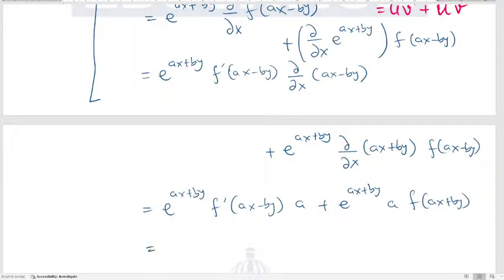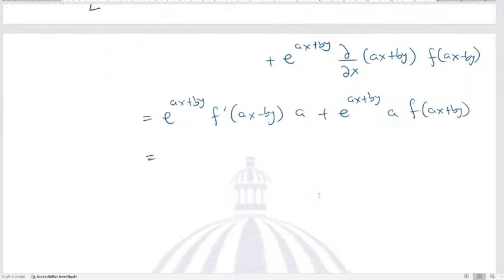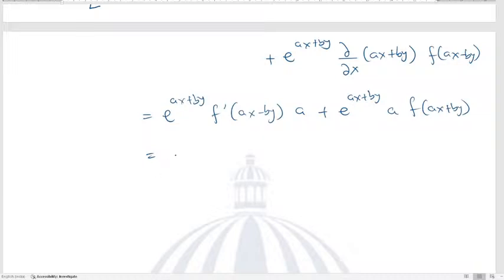So if we write this down a little bit more nicely, what we get is e power ax plus by and f dash of ax minus by, and let's write the a in front, plus there's an a which we bring in front, and notice that e power ax plus by multiplied by f of ax minus by, right?